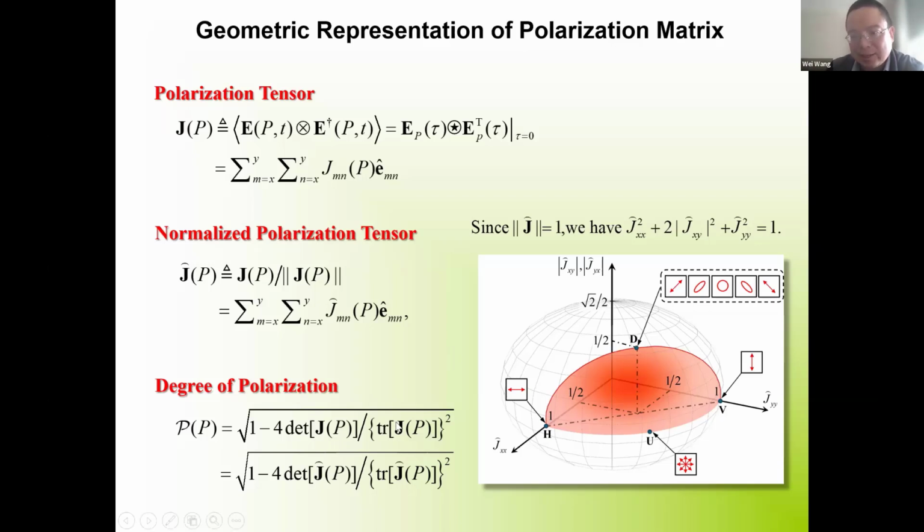As I said, the arc represents completely polarized light, and U represents unpolarized light. Within this boundary are the points for partially polarized light. This is one geometrical representation for the polarization matrix.